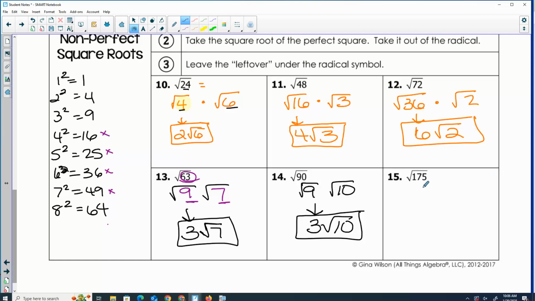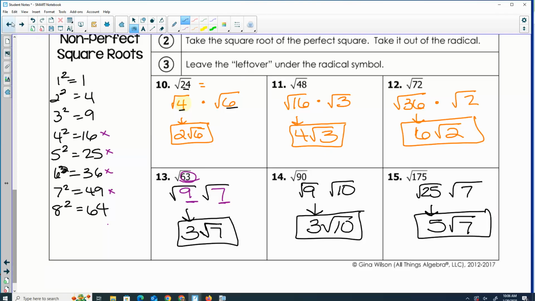If I say the square root of 175, what can I break that into? 25. So the square root of 25 is 5, and we can't break down the 7. So 5 radical 7. So when you do the square root, it comes out of the radical. If you can't, it stays underneath.